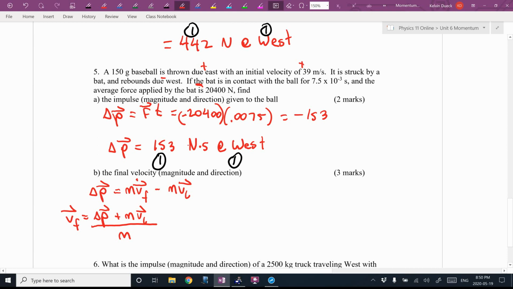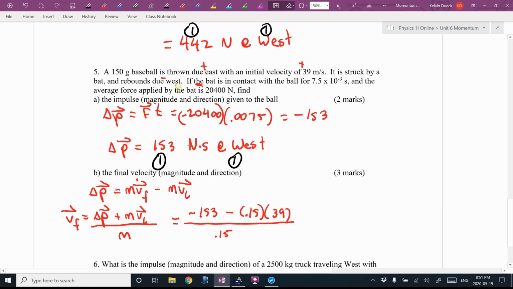So it's going to be negative 153 minus 150 grams is 0.150, and v initial is positive 39, all over 0.15.